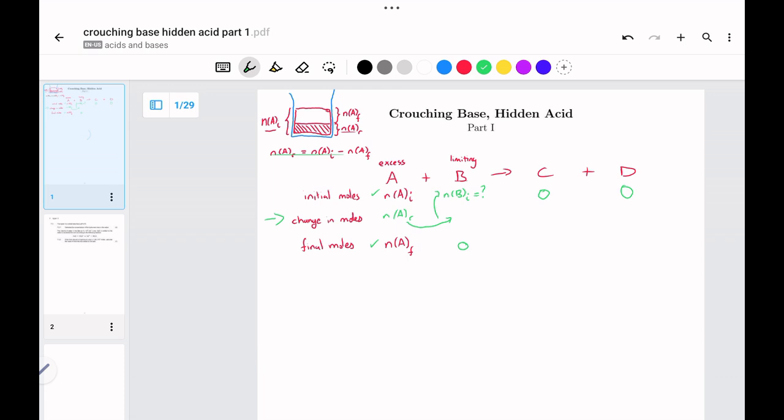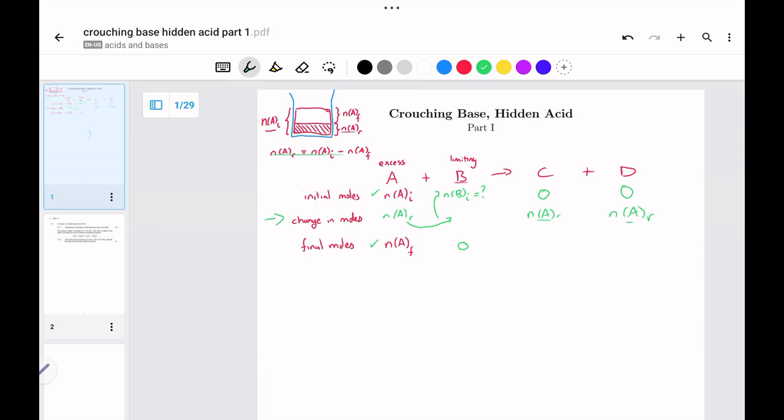So if I were to write something, although, like I say, you're not going to see problems that are really focused on them. The mole ratio from A to C is 1:1, from A to D is 1:1, hence these numbers.